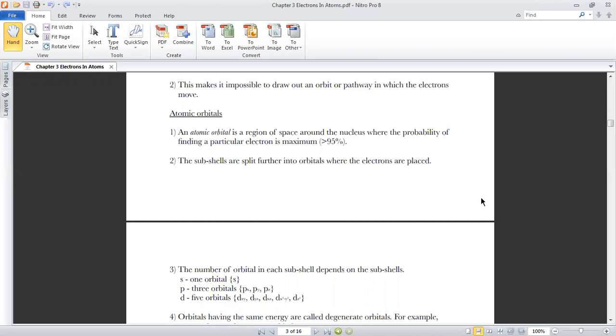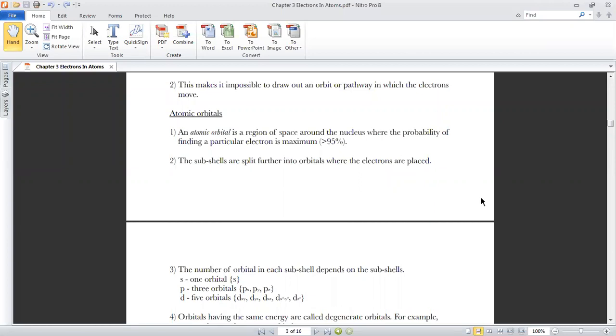S subshell has a spherical shape, so it has a complete sphere which occupies the same space on the x-axis, y-axis, and z-axis. So it cannot have any further kind of orientation. But it has been found that P subshell has three orientations in space: px, py, and pz.